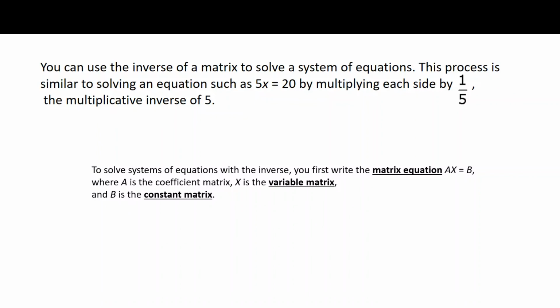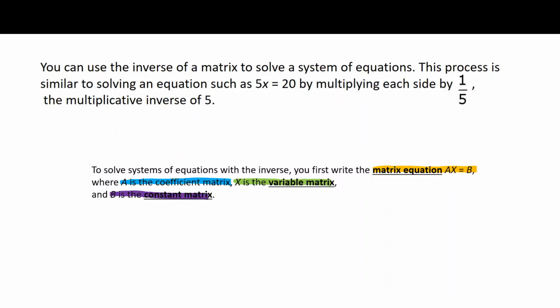So here is a vocabulary word for you, the matrix equation. And this is the matrix equation, AX equals B. Okay, so what is A, what is X, and what is B? Well, A is the coefficient matrix. X is going to be our variable matrix, and B is going to be our constant matrix.